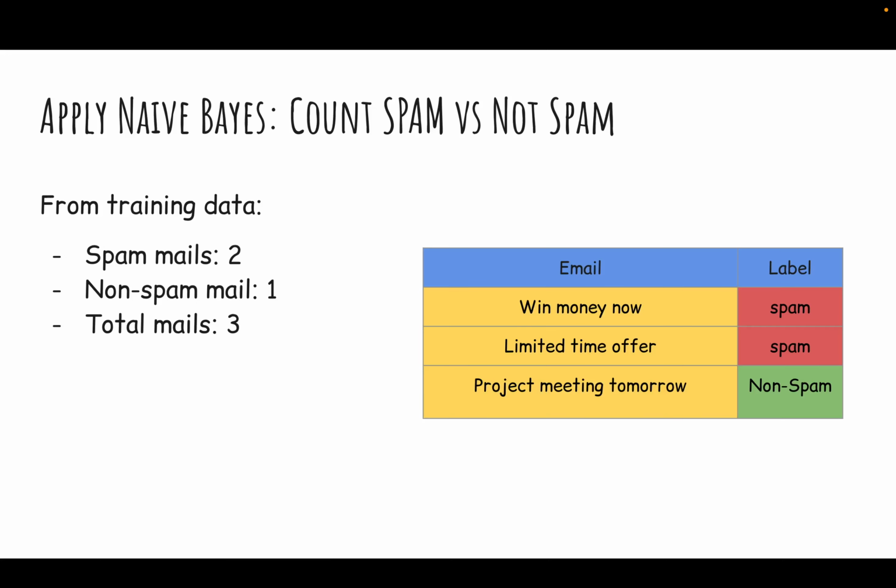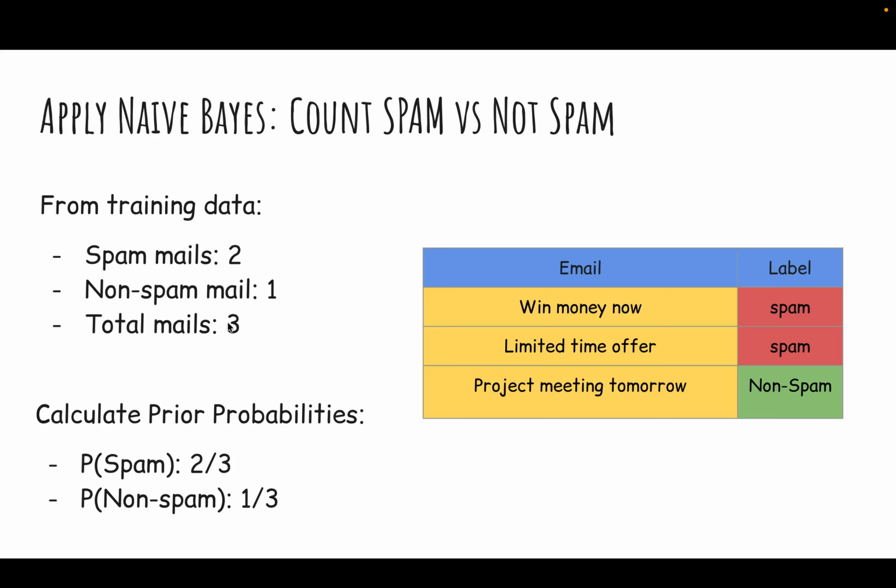Based on this data set we have 2 spam mails and 1 non-spam mail. In total we have 3 mails. Now we can calculate the prior probability with the help of this data, where P of spam is equal to 2 by 3, where 2 represents the spam mails and 3 represents the total mails. Similarly, for the probability of non-spam, we have 1 by 3.